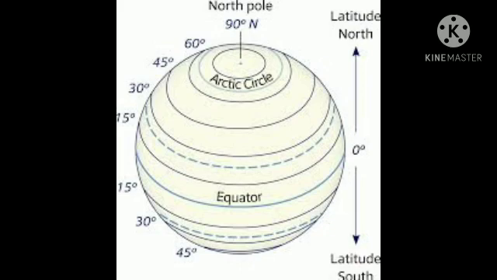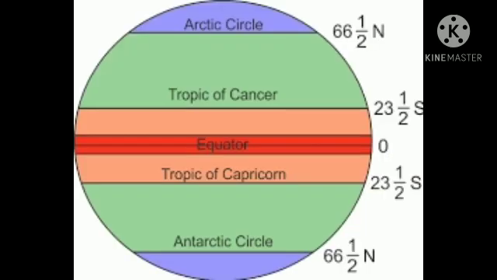So what are the important parallels or latitudes? North Pole, that is 90 degrees north. Arctic Circle, 66 and a half degrees north. Tropic of Cancer, 23 and a half degrees north.